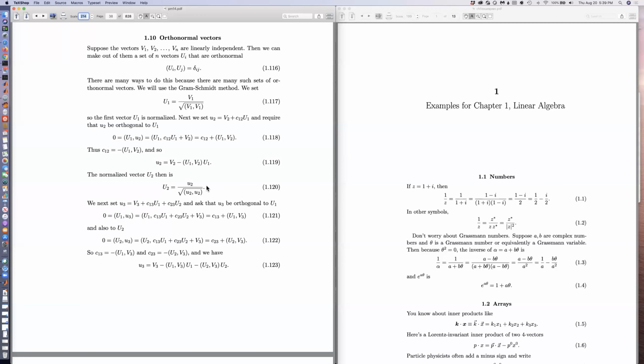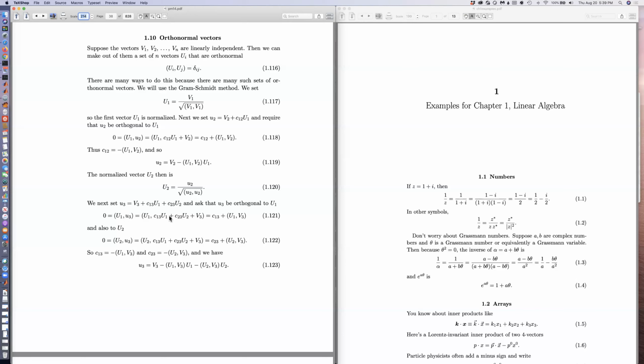The next step basically tells you how the whole thing goes. We then set U3 to be a linear combination of V3, U1, and U2, and we require it to be orthogonal to U1 and to be orthogonal to U2. The orthogonality with U1 gives us the inner product of U1 with U3.